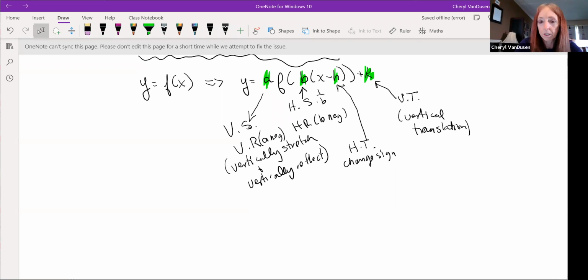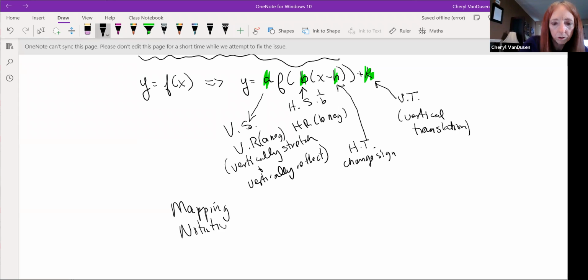Assuming that you have done some of the background work, one thing that is very helpful when you're trying to figure out how to graph something is to use something called mapping notation. Mapping notation helps us to figure out where a point will move from and where it will end up. So if we have a point on an original curve, any point x comma y, for the mapping notation we take all that information up there and put it into an equation.